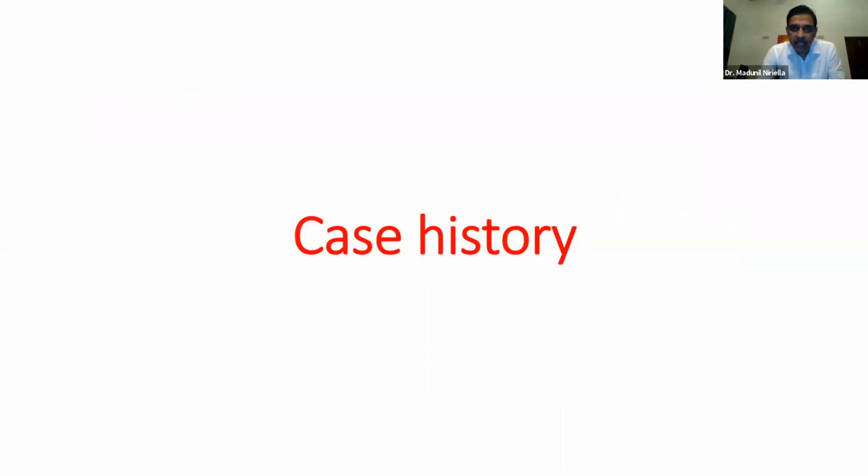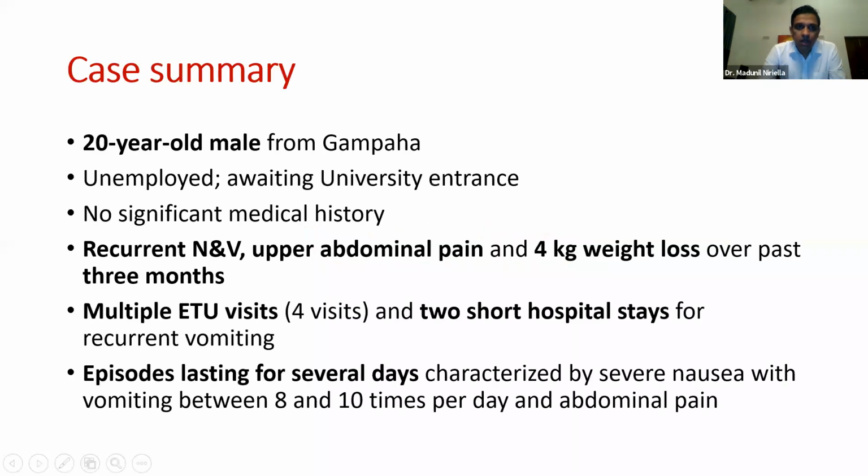I'll start off with a case history. This is a 20-year-old male from Dampa who's unemployed, awaiting university entrance on the physical sciences stream. There was no significant medical history. He presented with recurrent nausea and vomiting, abdominal pain, and 4 kilograms of weight loss over the past 3 months.